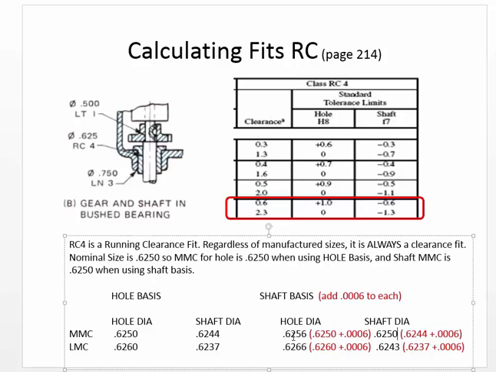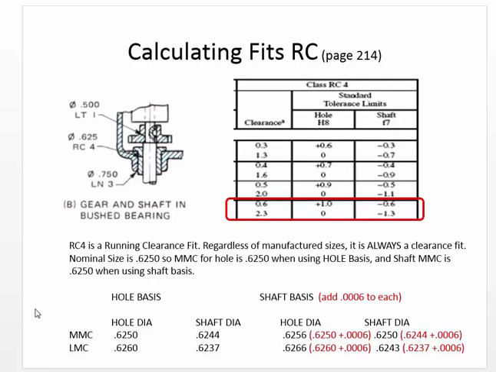We add 6/10 and we get 625 and 6/10. Least material condition was 626 thou. We add 6/10, we get 626 and 6/10. Now those numbers are all going to give us the same relationship whether we're using the shaft basis or the hole basis. But you have to be able to maintain the relationship between the two sizes.